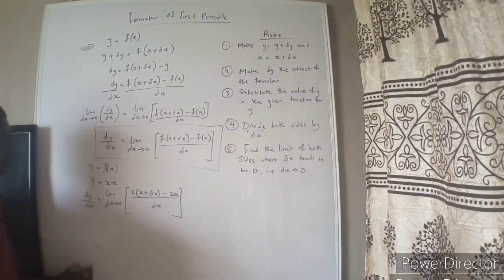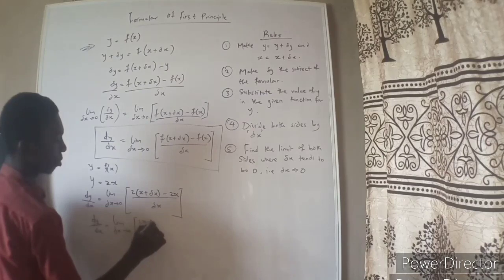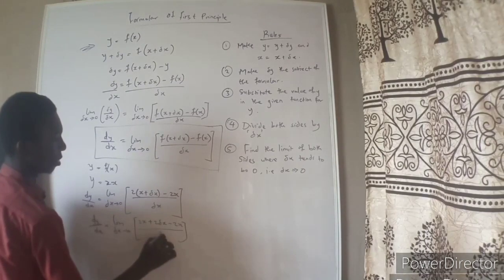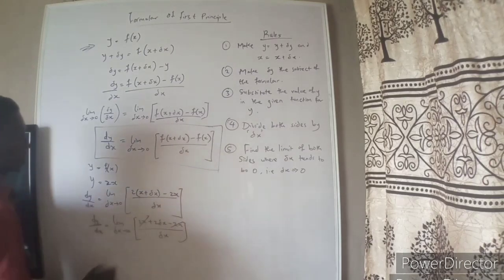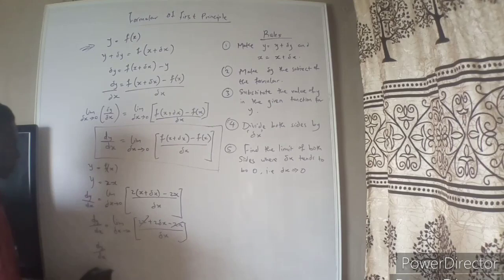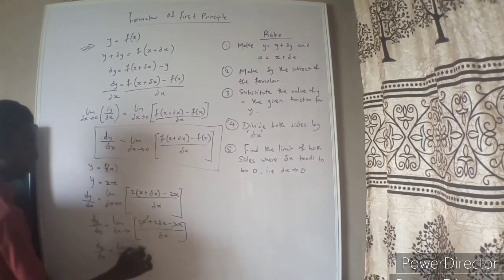I hope I'm doing this well, so that I can have dy dx equal to limit delta x to 0, where we open the bracket. I have 2x plus 2 delta x minus 2x all over delta x. So 2x cancels 2x. So I'll be having my dy dx equal to limit delta x to 0 of 2 delta x over delta x.